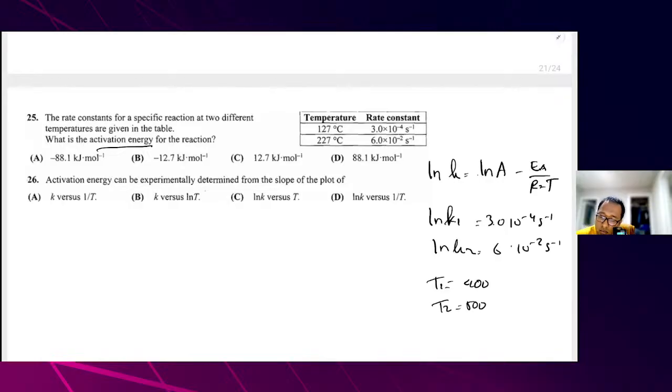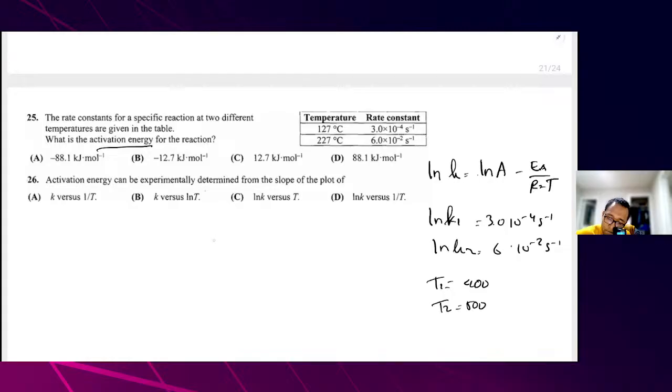Okay, let's take a look at this one first. ln k and temperature are kind of inversely proportional. The question is about EA. Let me try ln k = ln A minus EA over RT. Yeah, that's true.